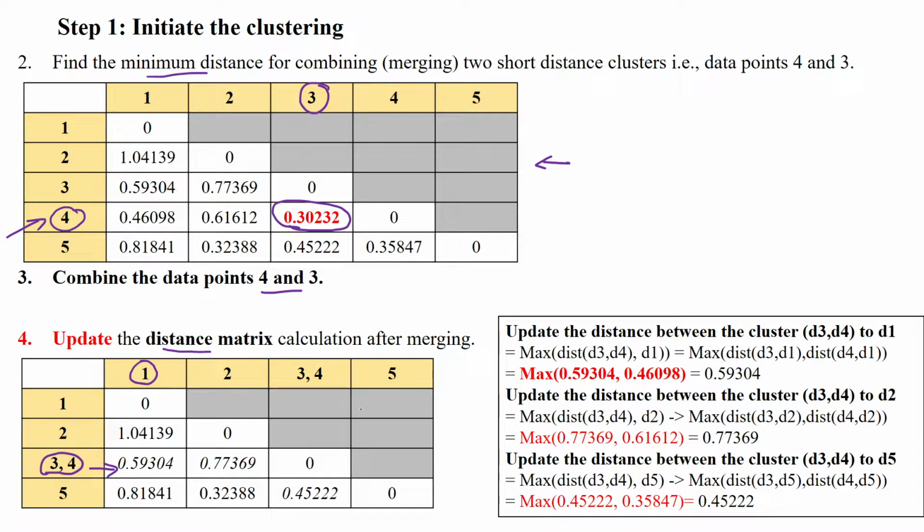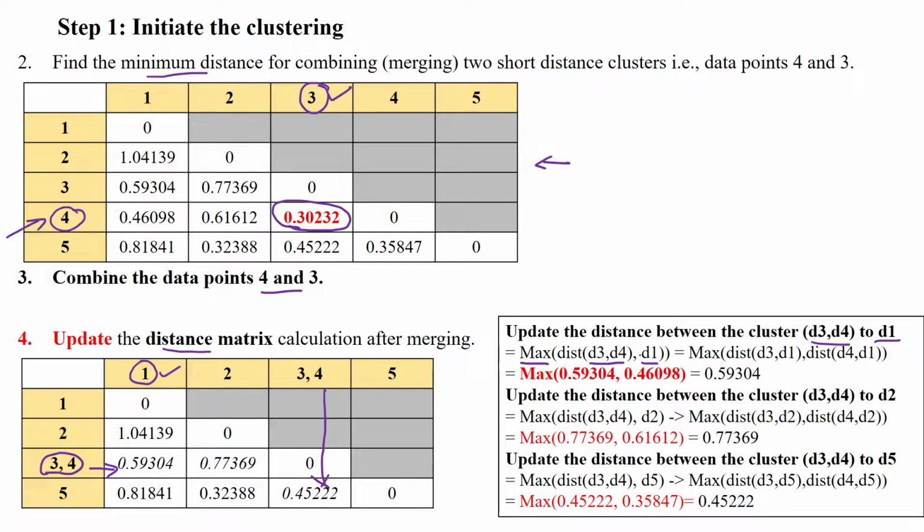Only this row and this column need to be updated, because these are the values we combined with the different clusters. Here the complete linkage uses the maximum distance between the two clusters. So 3 comma 4 is one cluster and data point 1 is another cluster.